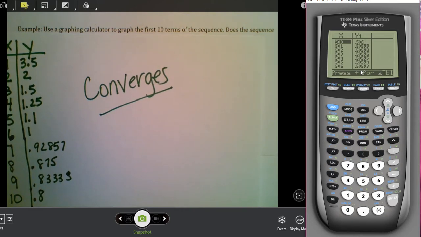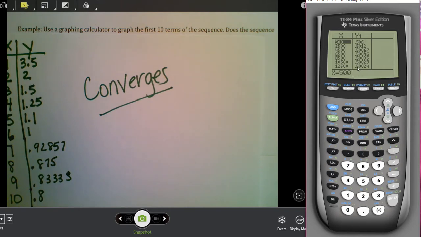So if we want to, I press the plus sign. Let's go to 2000. If you notice at 2500, 6500, 10,500, where do you notice that it's converging to?